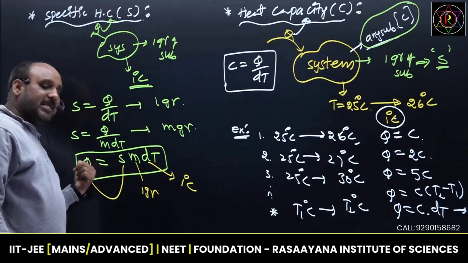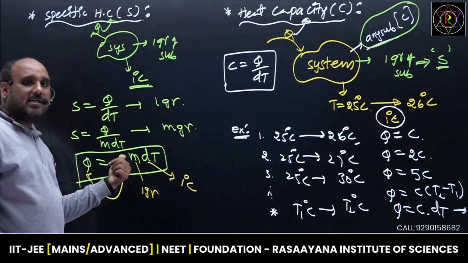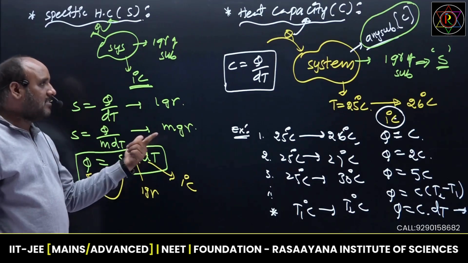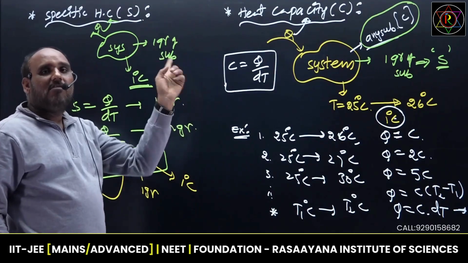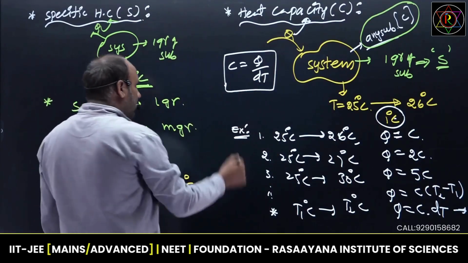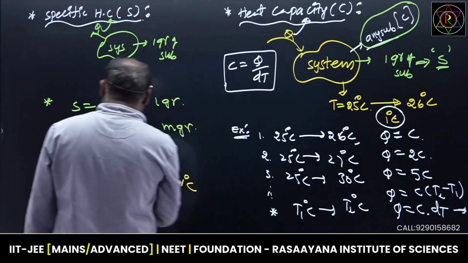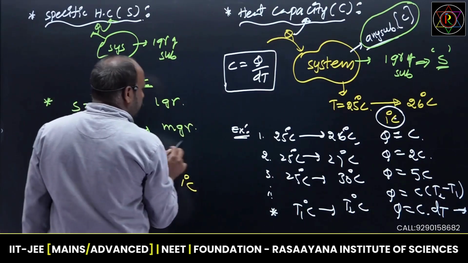At that time, the heat is equal to the specific heat capacity. That is the S. Same thing, instead of 1 gram of substance, if we use 1 mole of substance, that will give the molar heat capacity.